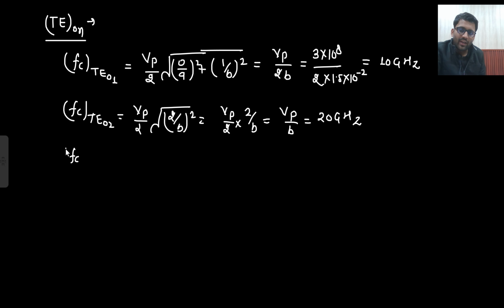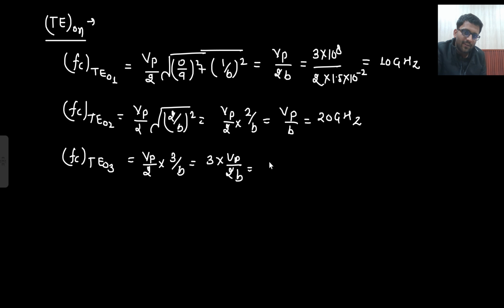So what about your FC TE03? That would be Vp by 2 into 3 by b, so thrice of Vp by 2b. That would be 30 gigahertz, so this will not propagate. Only these will propagate. So step by step you need to go.